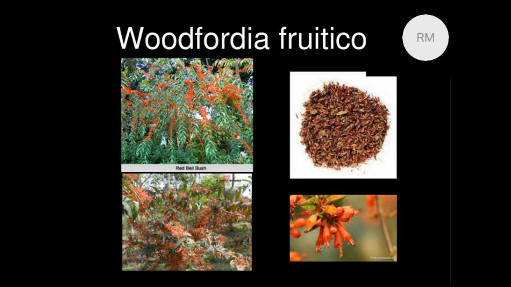If you use yeast, you will never get the properties which you can see in Woodfordia fruticosa. So Woodfordia fruticosa is also a check. It nullifies the bad effects of alcohol. This is a very beautiful formulation technique that they use.